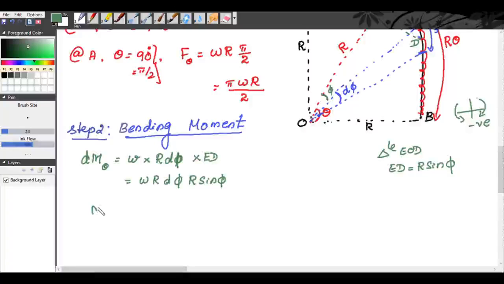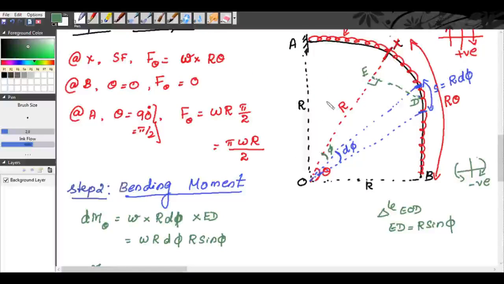So M theta will be equal to, now we can integrate this from 0 to theta, because you can see here the section X subtends an angle theta with OB. So the angle is varied from 0 to theta.